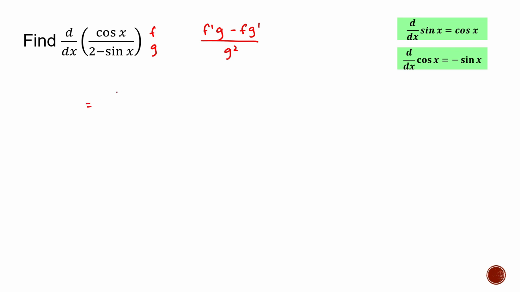The derivative of our f, cosine, is negative sine x, and then our g is just 2 minus sine x. Minus cosine x, and then the derivative of 2 minus sine x is negative cosine x.